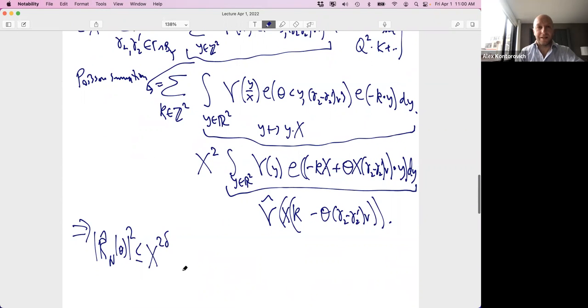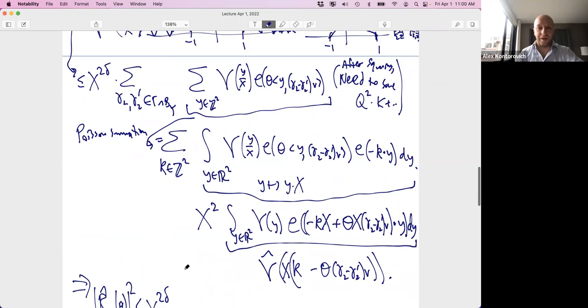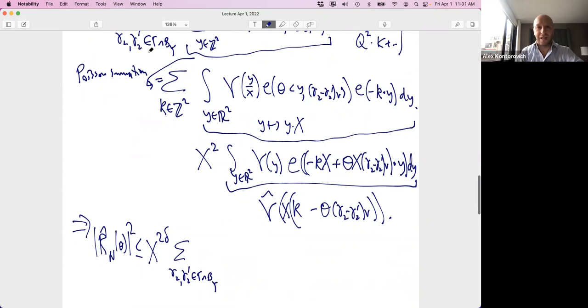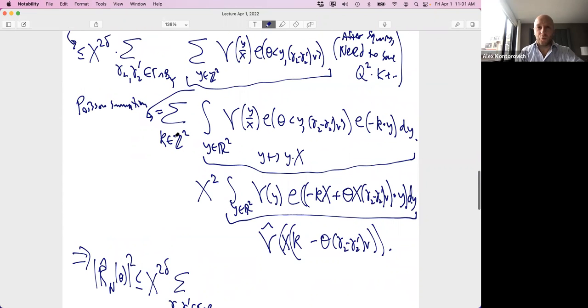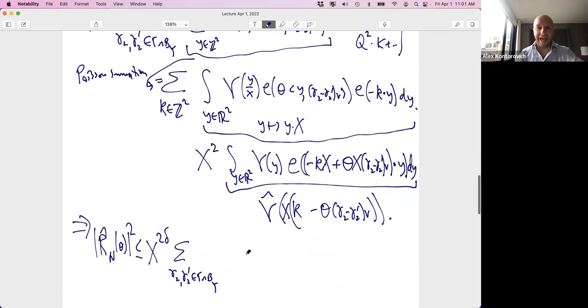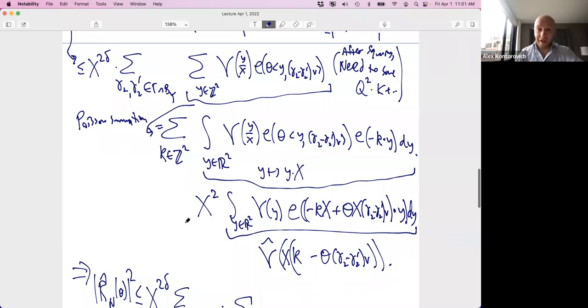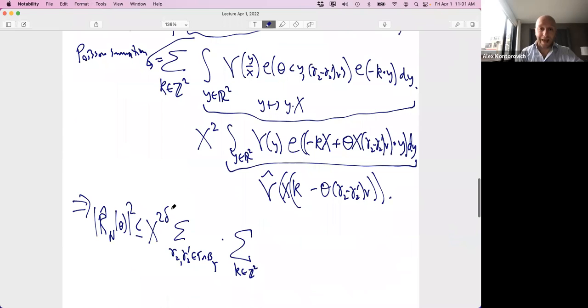Then there's a sum over gamma 2 and gamma 2 prime in a ball of size y. The sum on y has been turned into a sum on k. Then there's a factor of x squared, which is going to come all the way out.